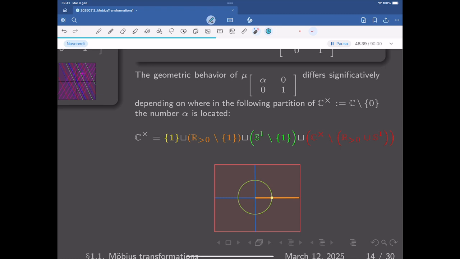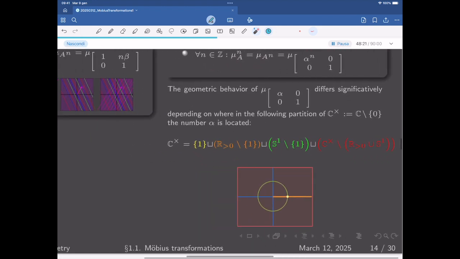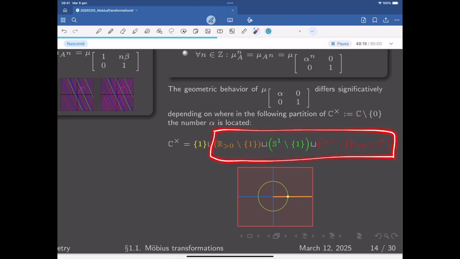And then, of course, I take for granted the study of the identity Möbius transformation, so I'm going to omit this, and the rest is going to be these three sets.